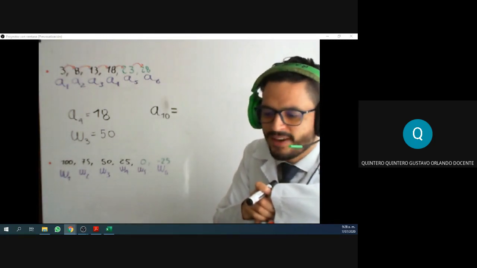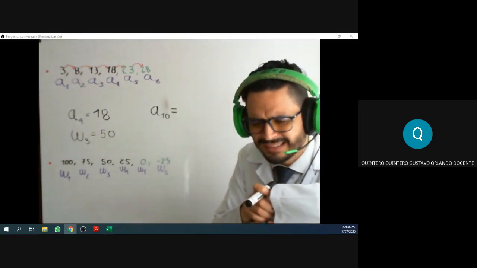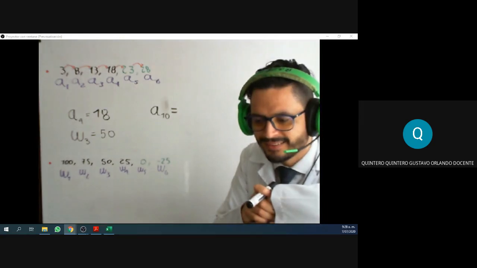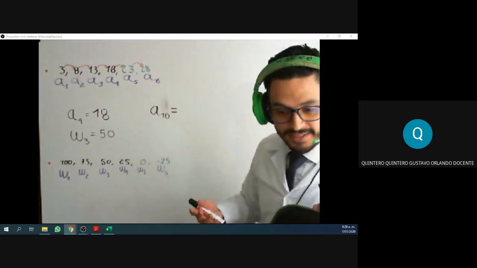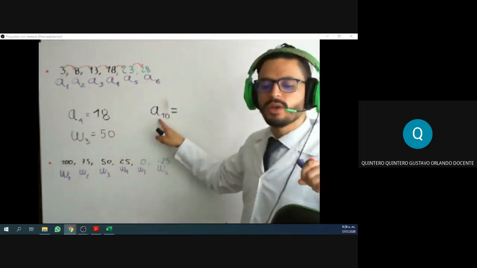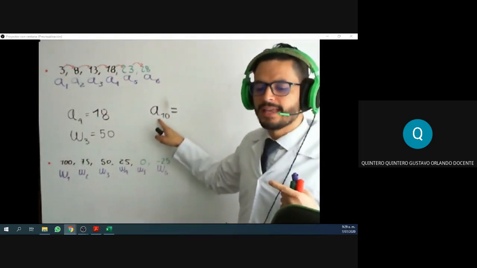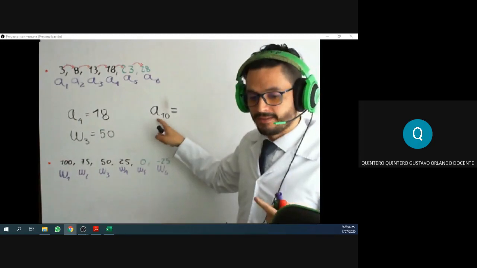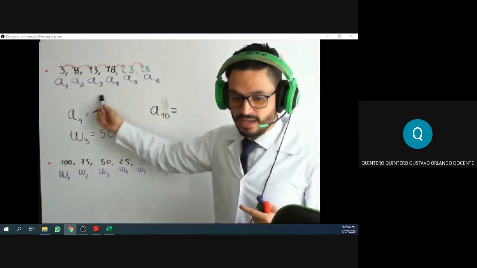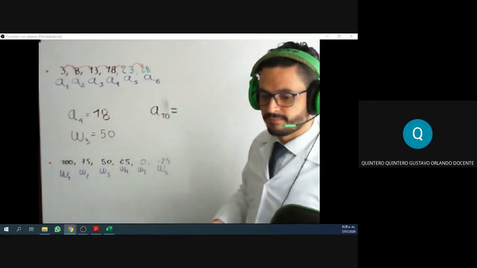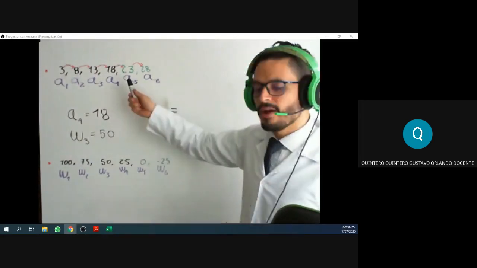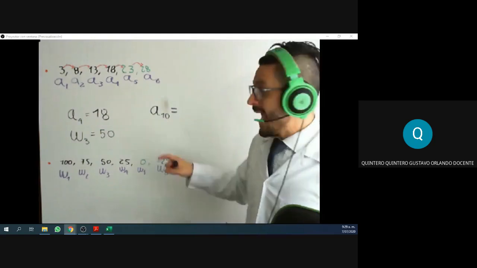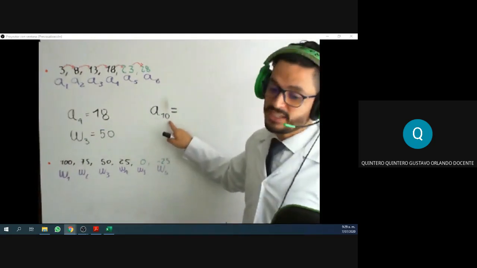Okay, I can see some faces thinking, what? Think about what A10 represents. A means we are talking about the sequence A. This one in here is the sequence A, so we can discard the other one. Forget about that one. And 10 means the position.